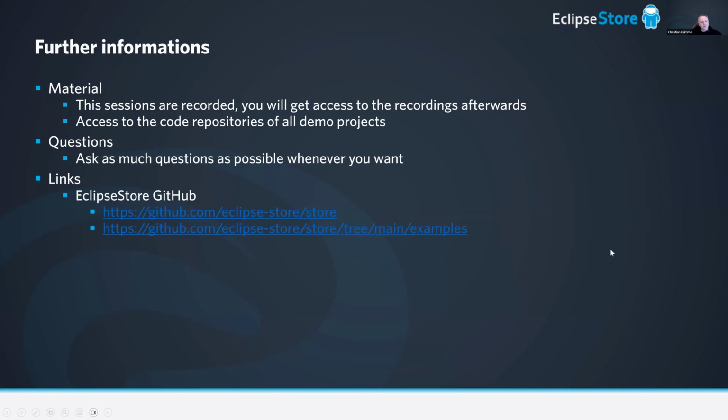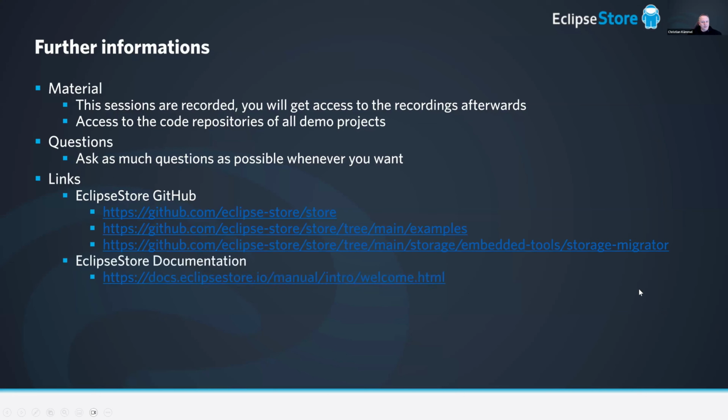Now the links. All the GitHub repositories are available for EclipseStore, and then we have our Eclipse documentation. Give me just a second, I will share the links in the chat. So this is the link to the EclipseStore documentation.